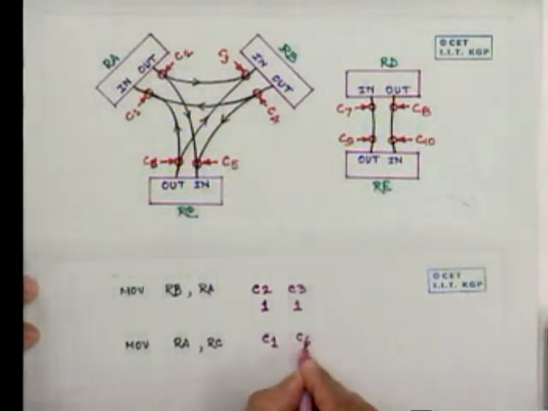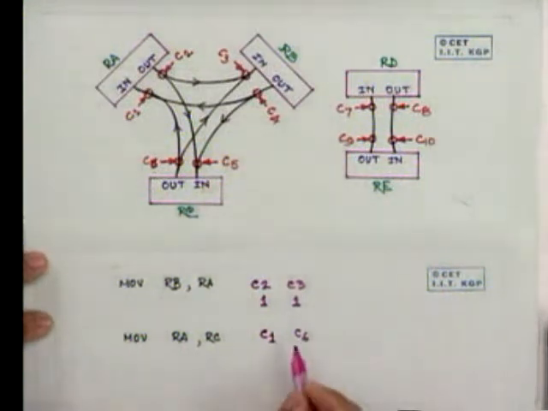Therefore, C6 and C1 you will have to open, right? That means C6 should be 1, C1 should be 1, and others should be 0.